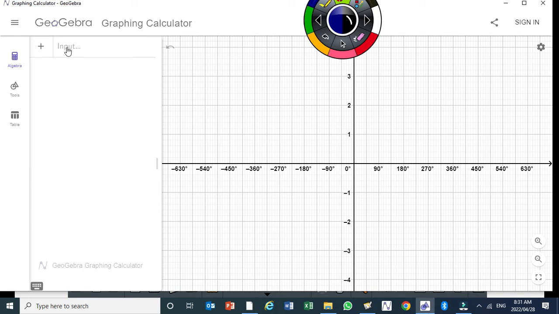If I put my function, I'm going to put it as y equal to sine theta. I can put it as f of x equal to sine theta. And I hope you remember from last year that f of x is the same as y. Here I can put it as y, but generally I prefer to use function notation.